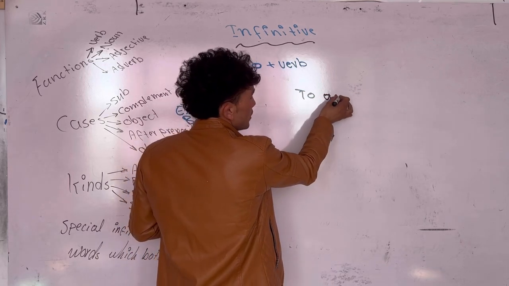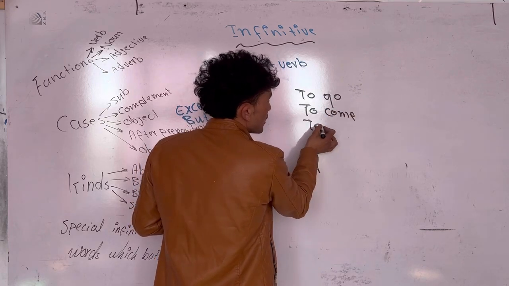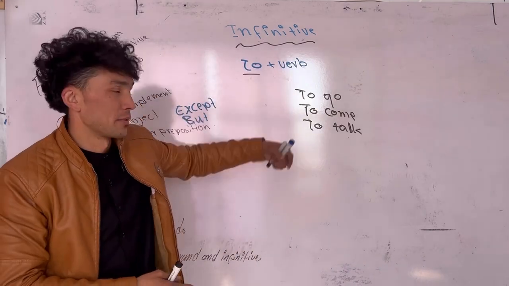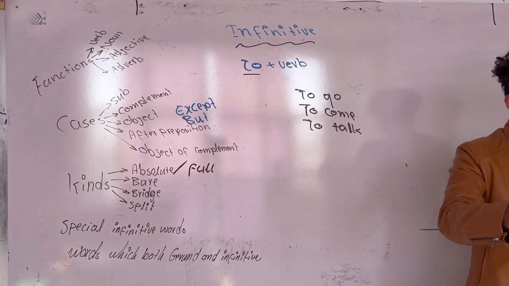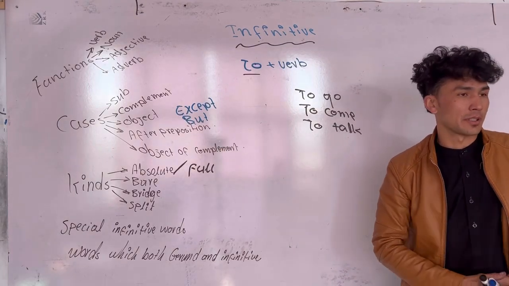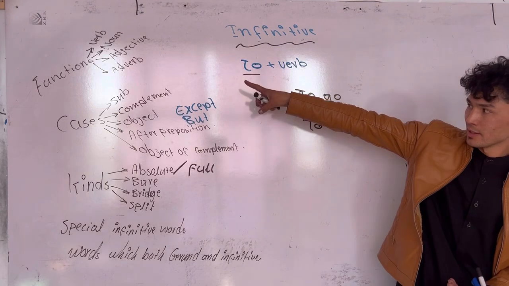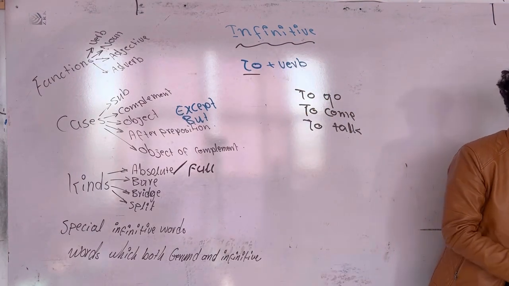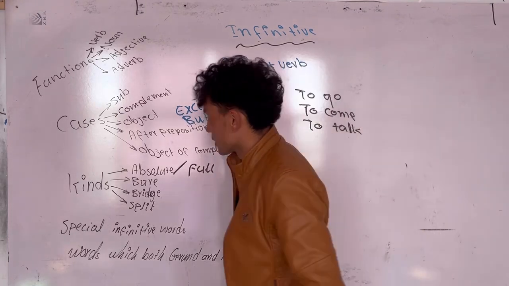To go, to come, to talk. Full, complete infinitive, or absolute infinitive, as I told you, is used in cases such as subject, complement, object, after preposition, and so on. Understood? That is called full infinitive.